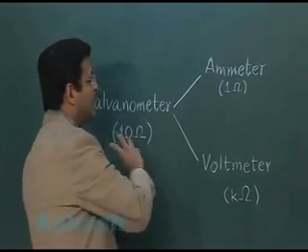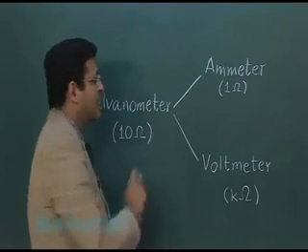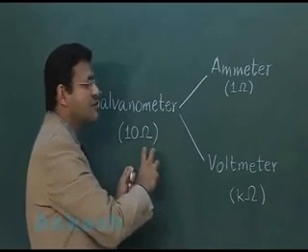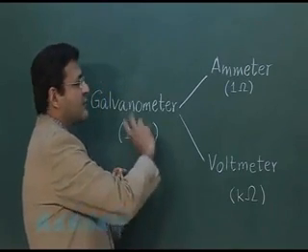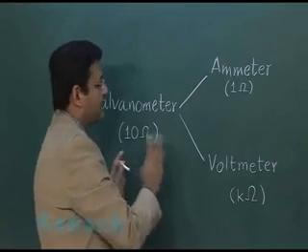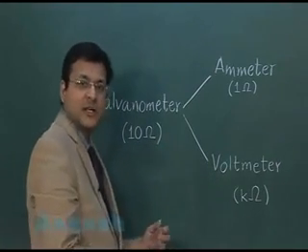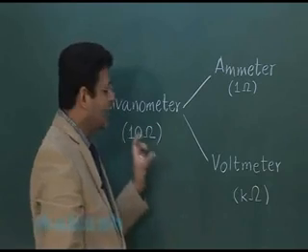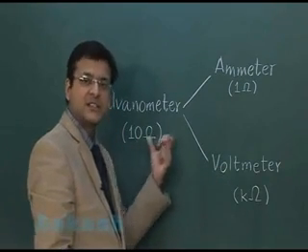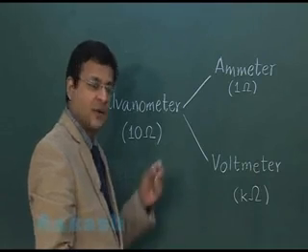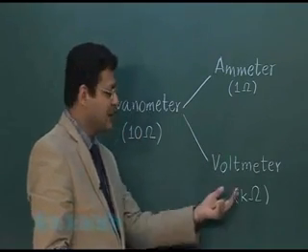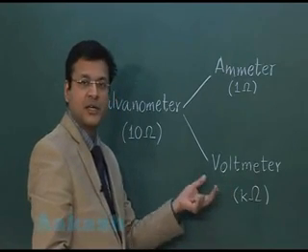That means when you will be converting galvanometer into ammeter, your concentration will be on this fact that the resistance of galvanometer should be reduced. But if you want to use it as a voltmeter, then your concentration will be on this fact that its resistance should be increased. जब आप galvanometer को voltmeter की तरह यूज करेंगे, then its resistance value should be increased.